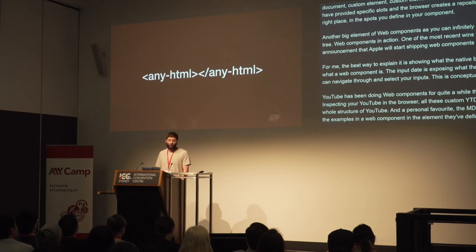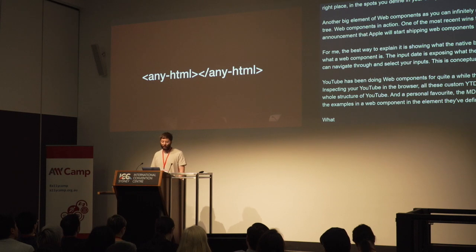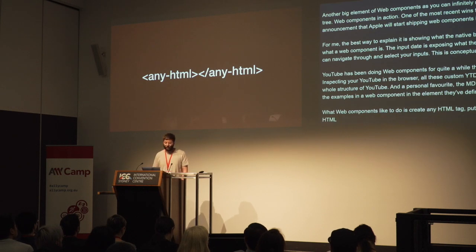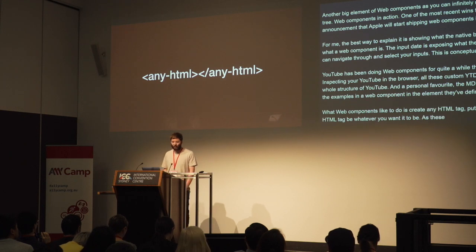So what web components allow you to do is create any HTML tag, put it in your browser, and then have this HTML tag be whatever you want it to be. However, as these custom elements are native to your browser, by default, your browser doesn't really know what to do with it.